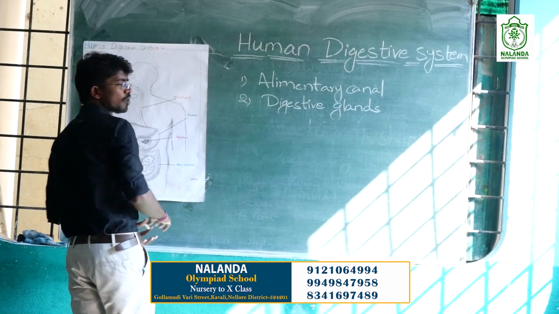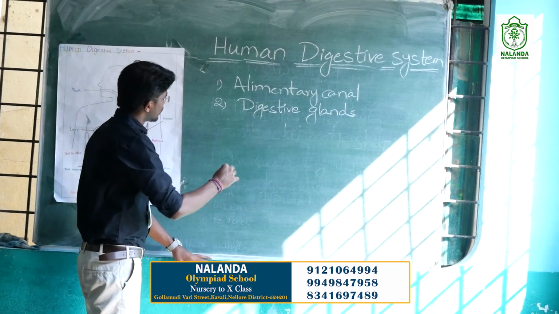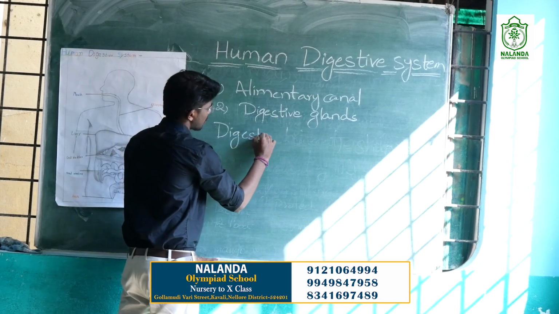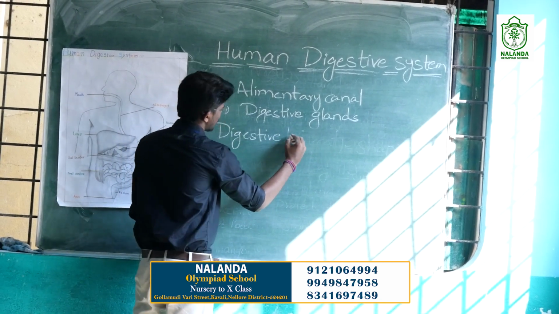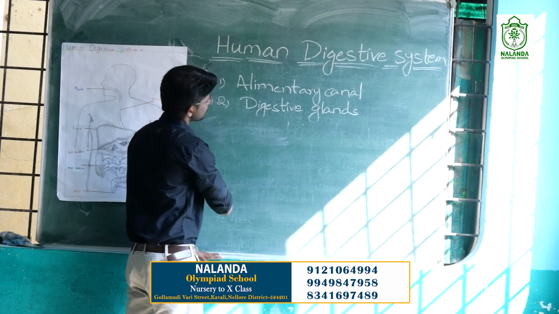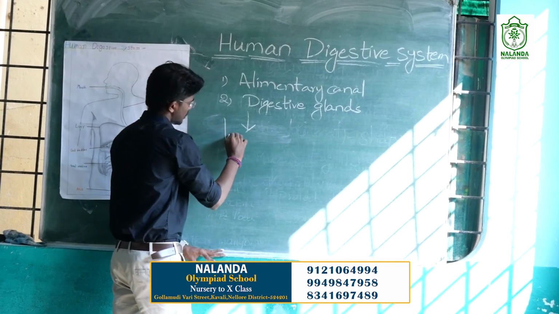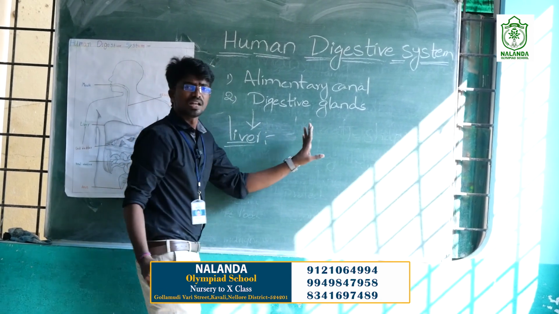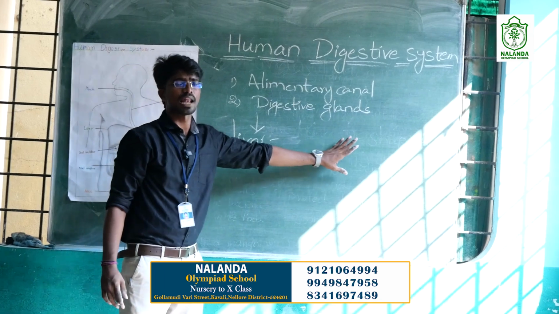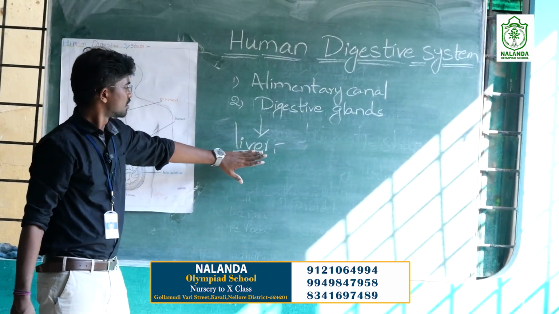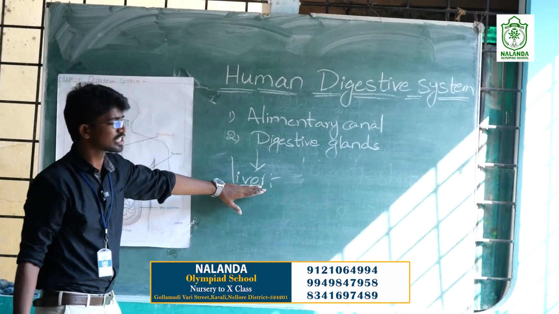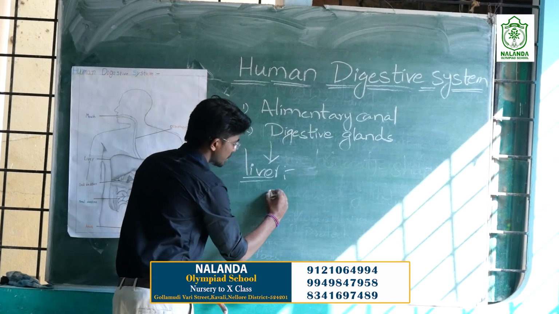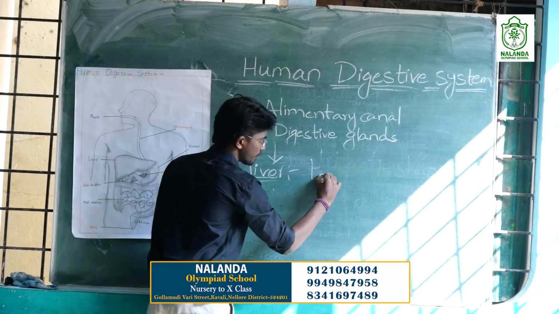Children, before going to the small intestine, I want to tell about digestive glands. First one, liver. Children, liver is a reddish colored gland which is present above the stomach. It is the largest gland in our body.